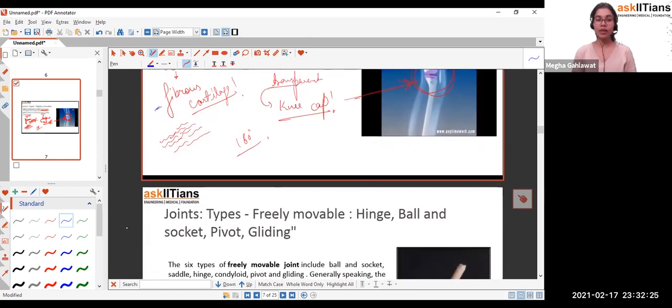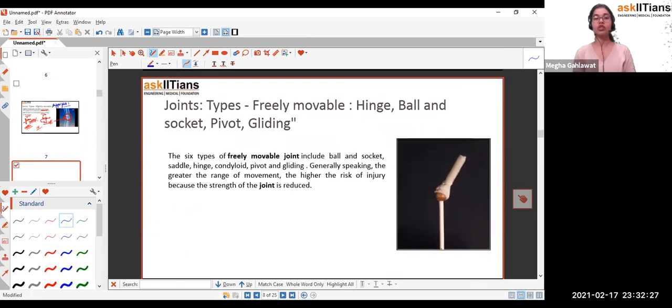Now that being said, we're going to move forward with the joints which are freely movable. Freely movable joints are also called the perfect joints, because they provide free movement in multiple directions, not in just one direction. We have about 4 types of freely movable joints: the ball and socket, hinge, pivot, and gliding joints.